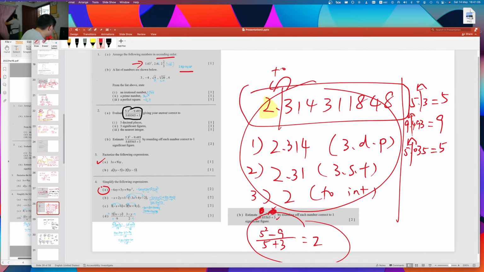Because if you never put the bracket, you need to have the bracket. Because you start with the bracket. You only times in the 9, you never remove the bracket. So when you times in, you need to continue with the bracket. Once you continue with the bracket, you will see that behind here is actually plus 9.